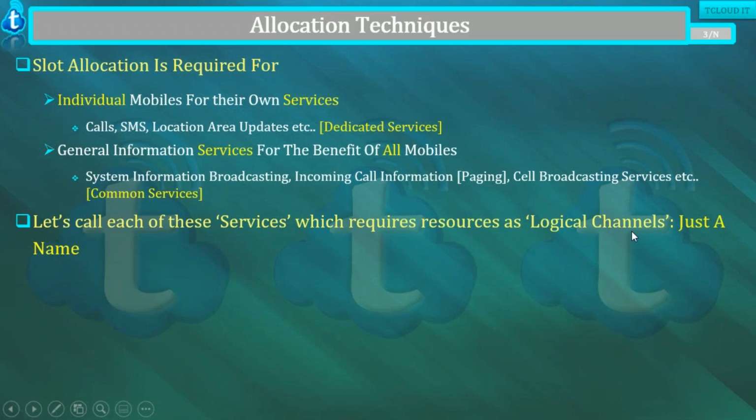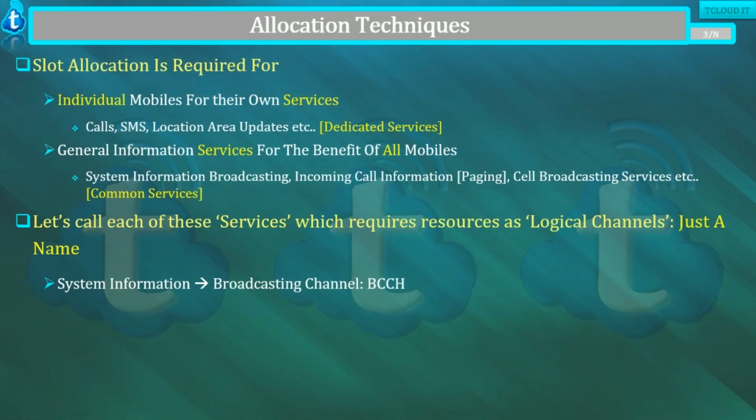It is just a name. This logical channel is just a name, some technical name, that's all. For example, system information that we have to broadcast 24 by 7 in a cell to help out the mobile phones to detect the system related details like the operator related details, etc. So that system information, they are just giving the name as broadcasting channel or BCCH.